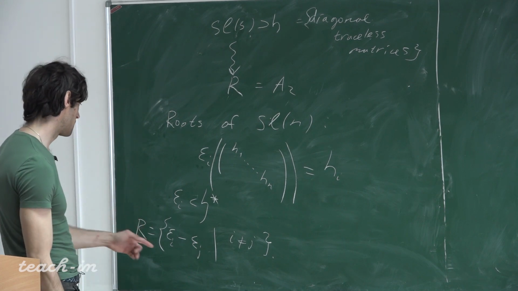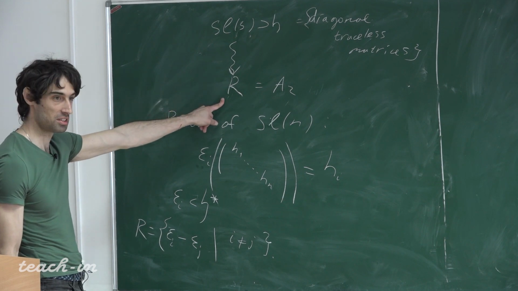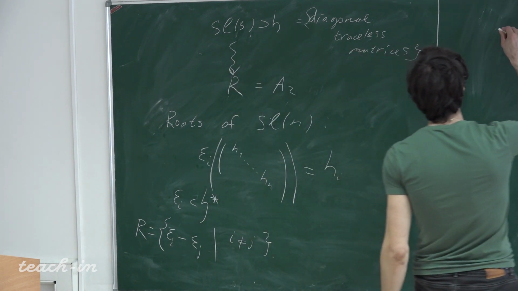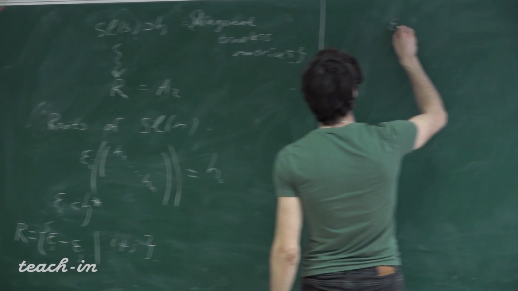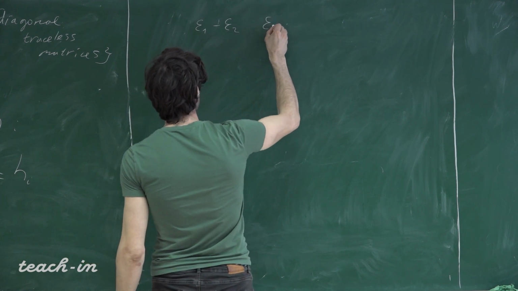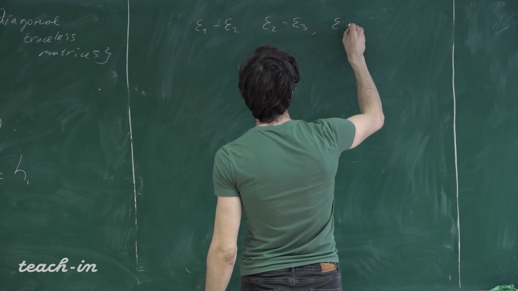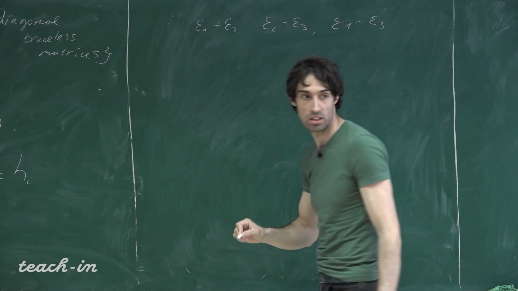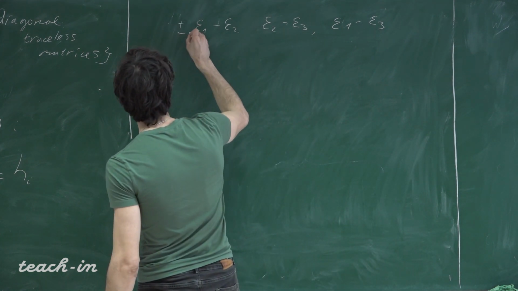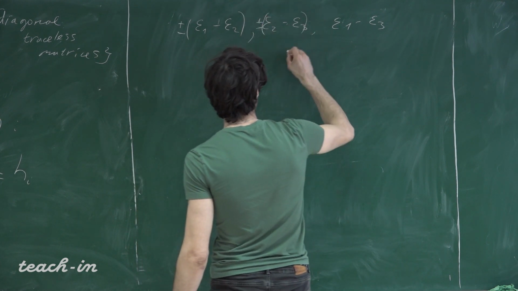So we can now take this and count how many roots are in this root system. We have epsilon 1 minus epsilon 2, epsilon 2 minus epsilon 3, and epsilon 1 minus epsilon 3, and plus or minus each of them.